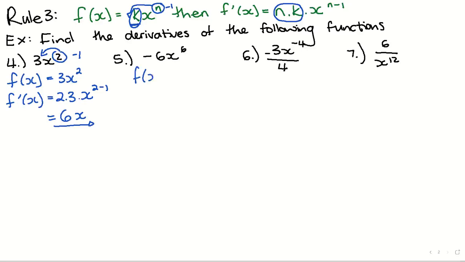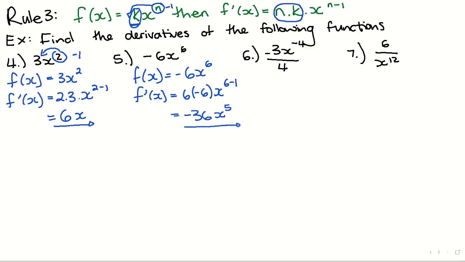So my function is equal to minus 6x to the power of 6. The derivative of this function is 6 times minus 6. So we're going to go 6 times minus 6, x to the 6 minus 1. 6 times minus 6 gives you minus 36, x to the power of 5. That ends up being my derivative.